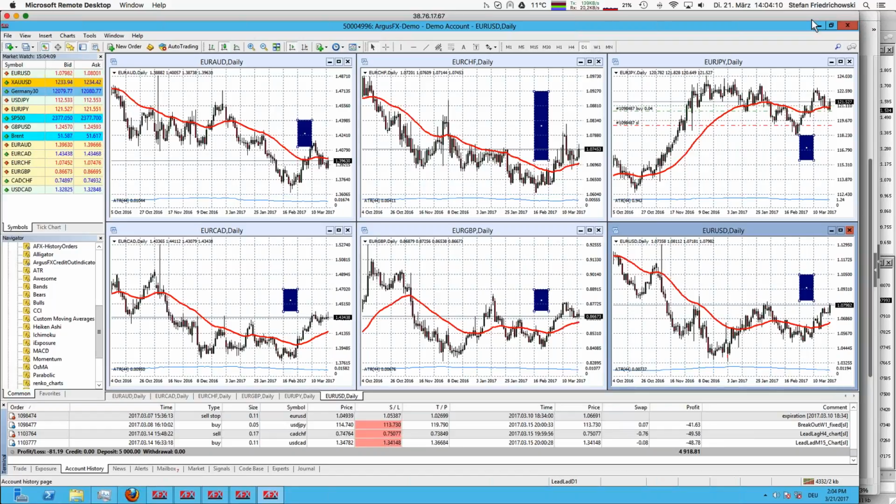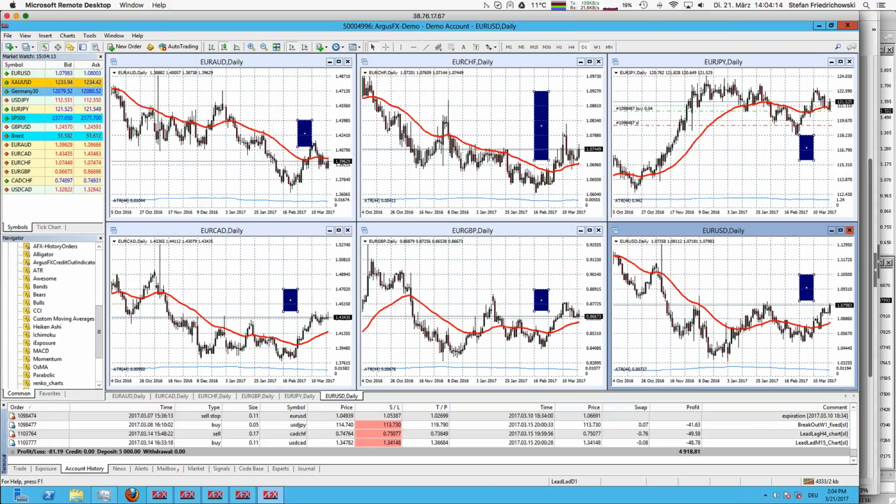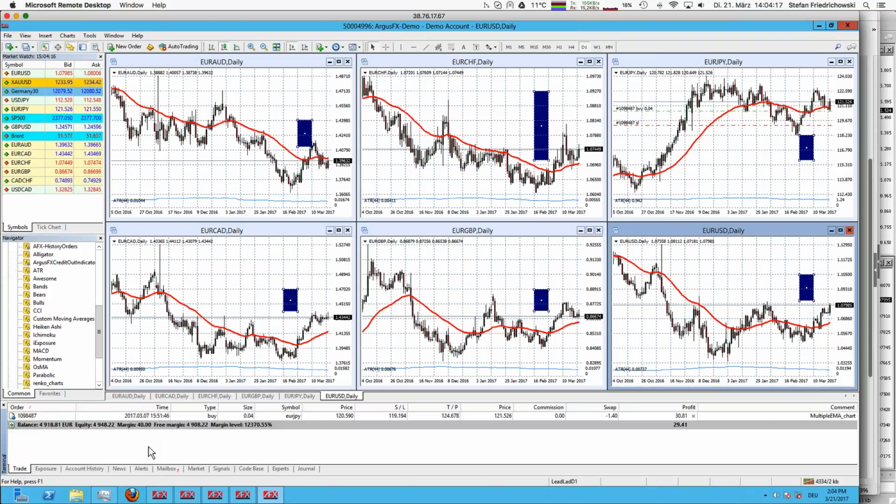But we still have 1 open trade, a long trade on euro Japanese yen. The trade is, at least as we speak, in profit, and our total account right now is close to where we started.